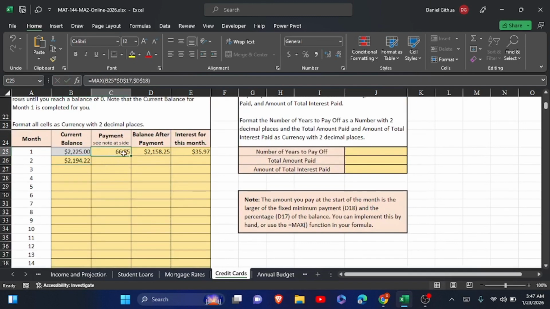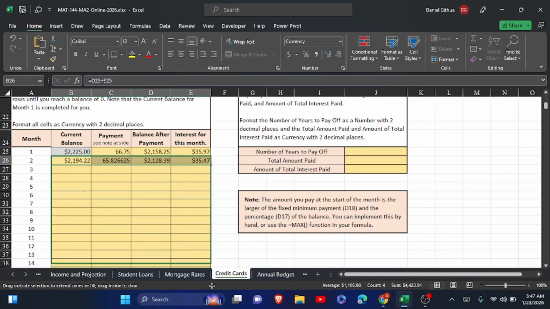Then drag down to copy the formula. After copying that down, we copy it, highlight the row for month 2, and then press the plus sign, left click and drag down.